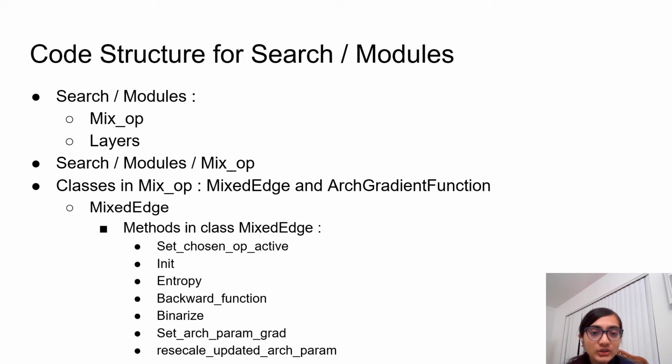The methods included in mixed edge are set the chosen operation active, init, entropy, backward function, binarize, set the architecture parameters gradient, and rescale the updated architecture parameters. So these are the functions which are going to perform the operations for the mixed operation module.